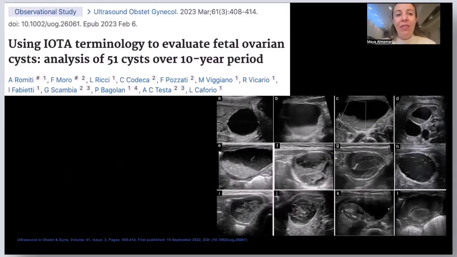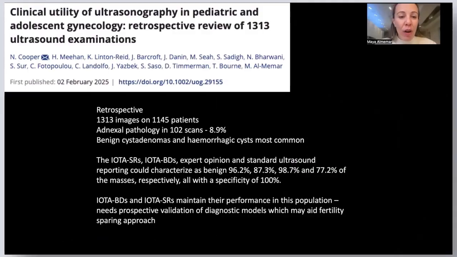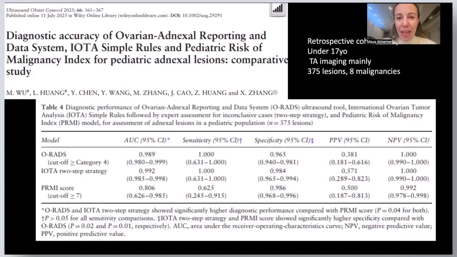More recent studies have looked at whether we could use IOTA terminology in the neonatal lesion, and this group neatly demonstrated that we could. And in our own study, we were able to use the IOTA benign descriptors and simple rules, and they performed very well in characterizing adnexal lesions in our cohort of patients.